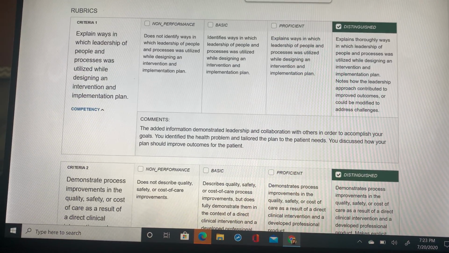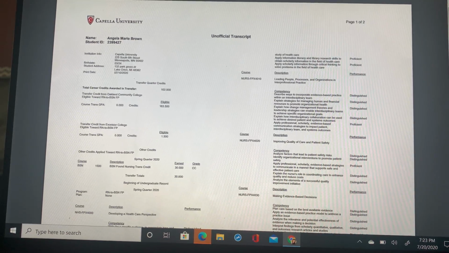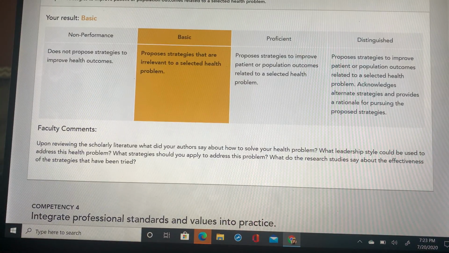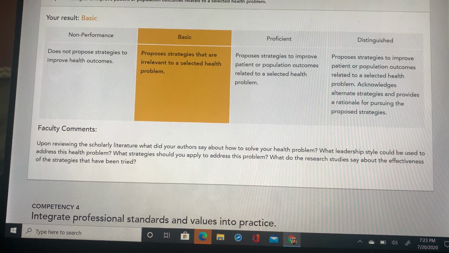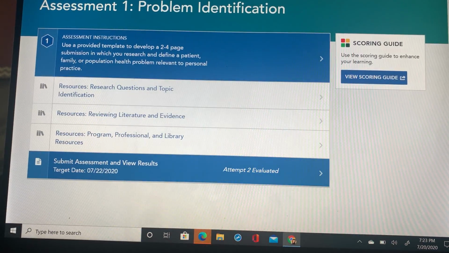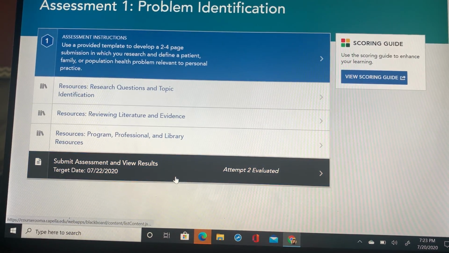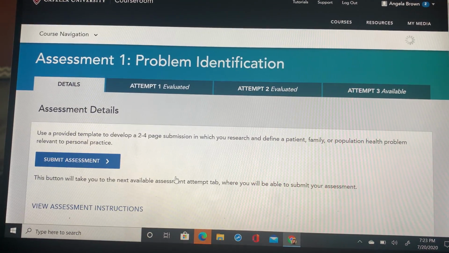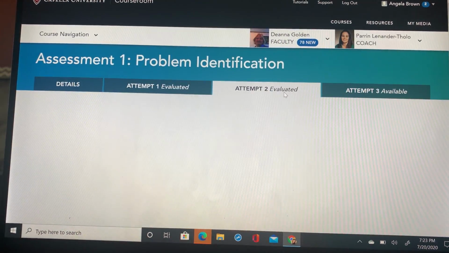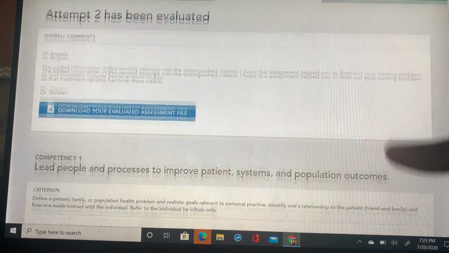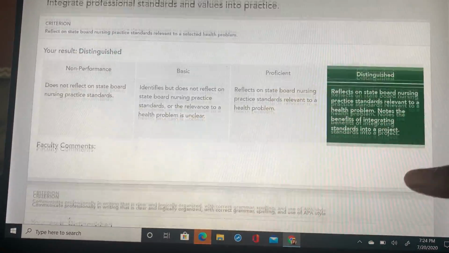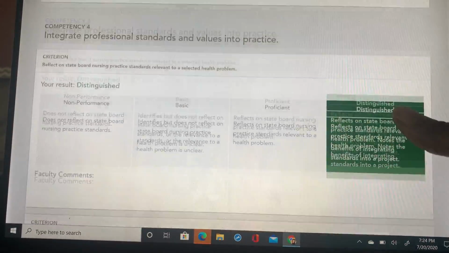I don't think I opened it. This was the basic. No, I didn't open it after I resubmitted it the second time. Here was the feedback. Distinguished, distinguished, distinguished, everything.